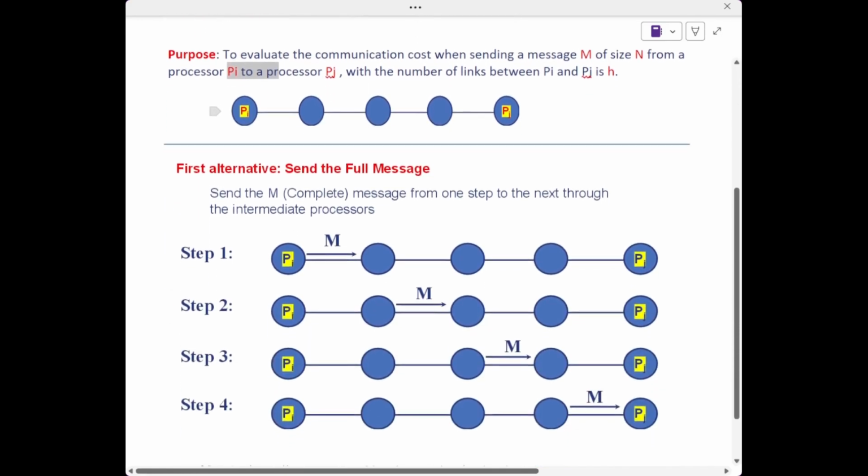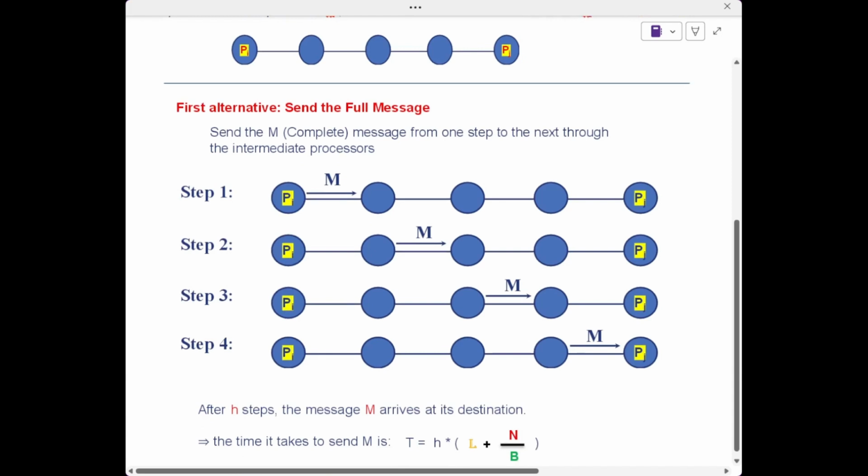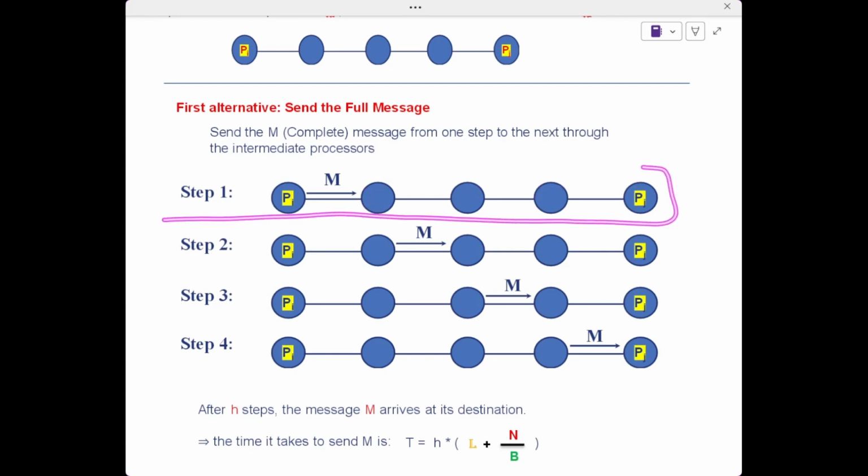So the first and the easiest way to do that is to send the full message once at a time. Send the M, the complete M, from one step to the next through the intermediate processor. So I want to send this message from processor Pi to processor Pj. Here I have 1, 2, 3 hops. So in the first step, I will just send the message M from Pi to one of the intermediate hops.